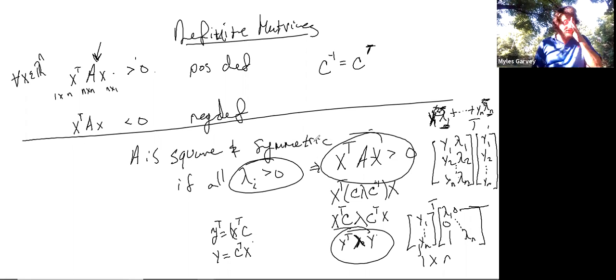That's extremely important for when we get to calculus 3, because remember those first and second order conditions that we needed to use in order to determine whether or not something was at a minimum or a maximum. We looked at the second derivative.